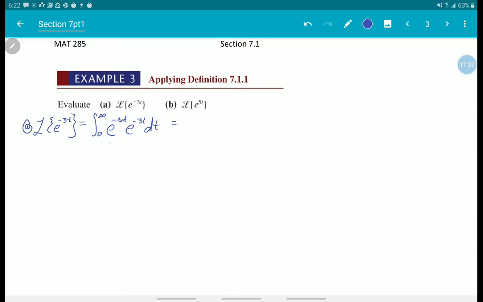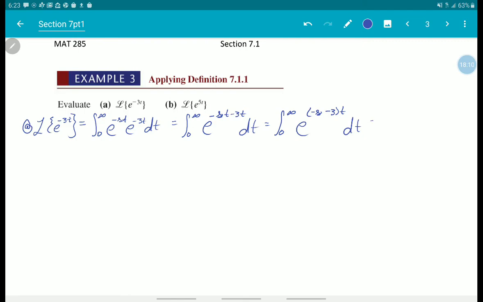So when we multiply and we have the same base, we add the exponents together. And since those both have a t in common, I'm going to factor that t out. So we have negative s minus 3 there, t dt.